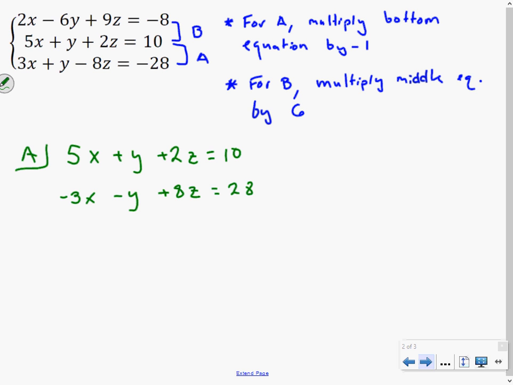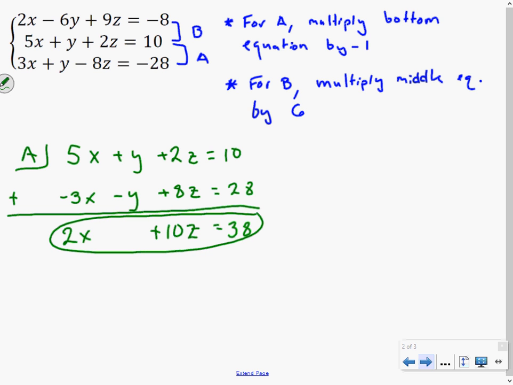Okay, so now we're going to add our equations together. When we add, we end up with 2x, the y's cancel, plus 10z equal to 38. This is going to be our A equation.